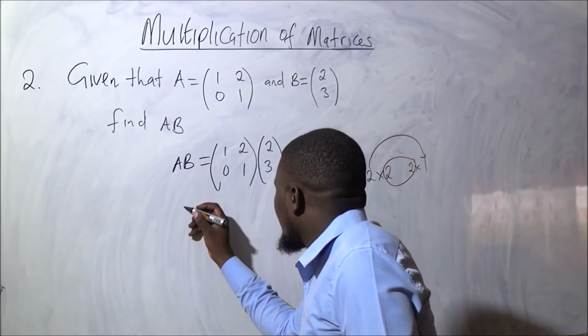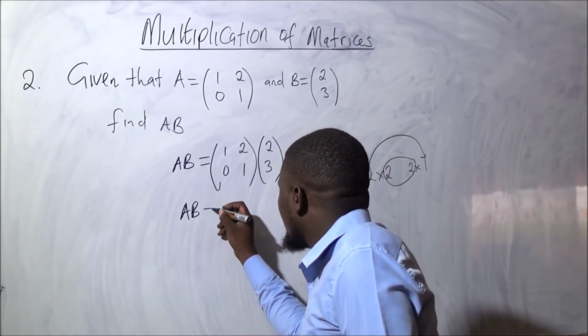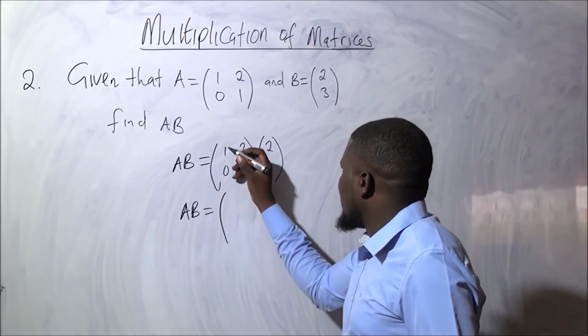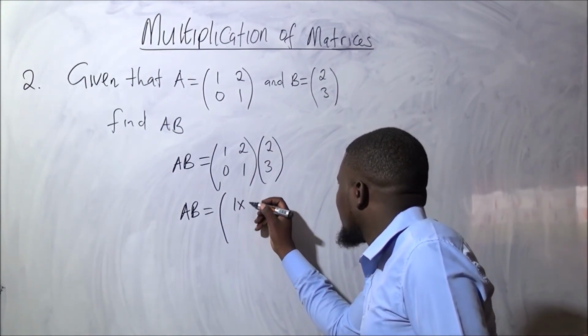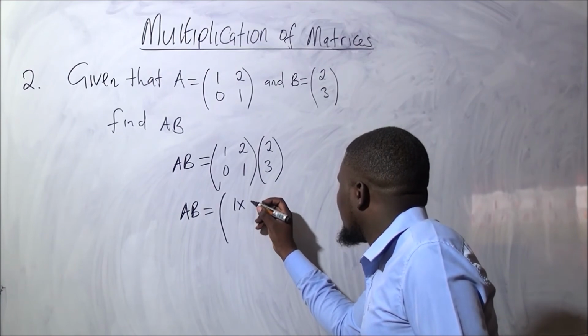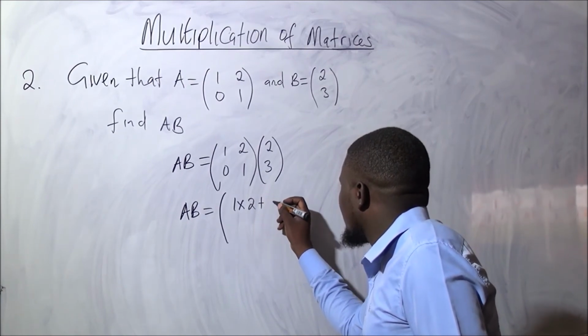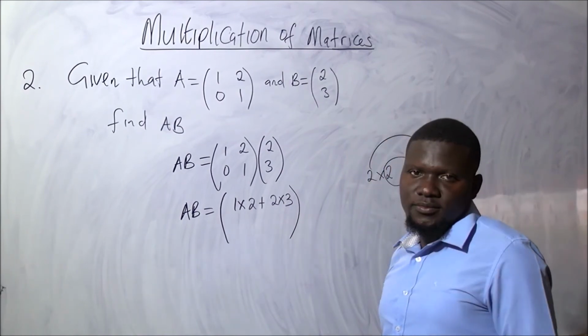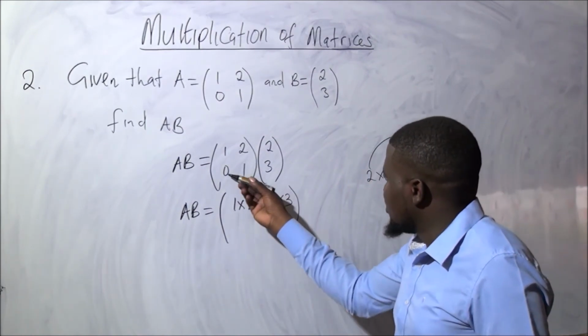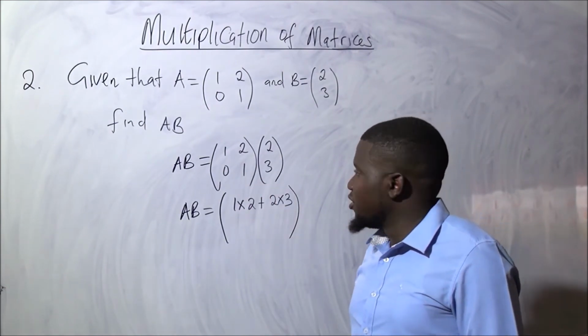So we'll say that our AB is equal to 1 multiplied by 2 plus 2 by 3. Then we come to the second row here, which is 0 and 1.